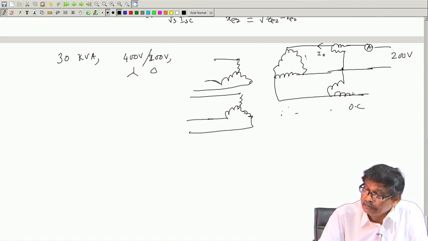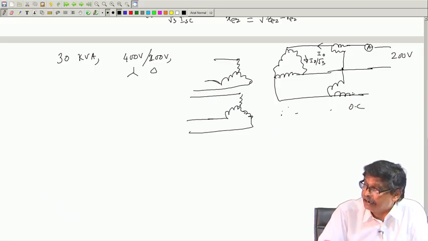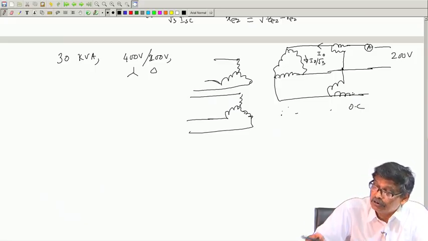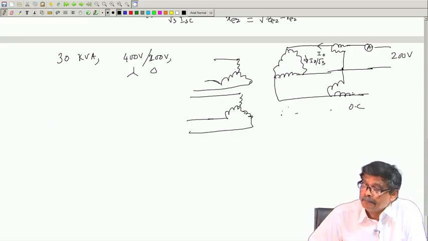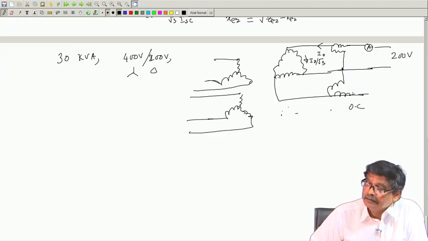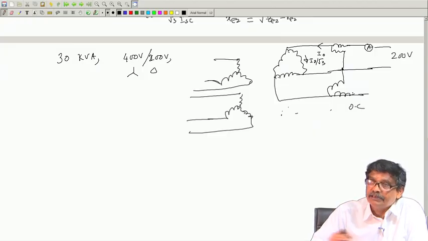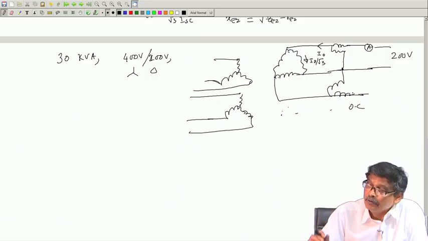I will say this is I naught by root 3, if it is a delta connection, I know that. So, through the winding I naught by root 3 is going. The total wattmeter reading during the open circuit test will be the sum of the core losses of all the 3 phases.